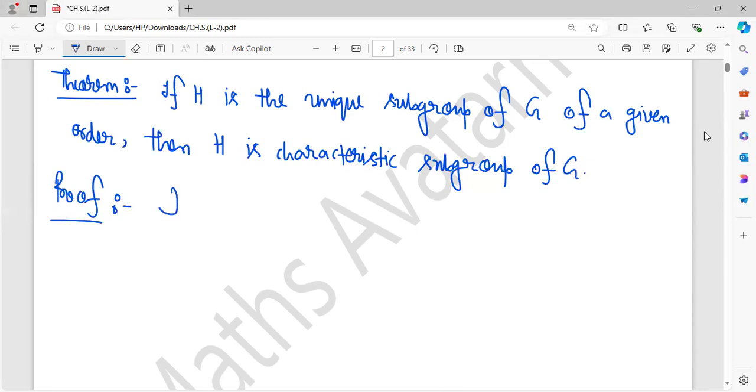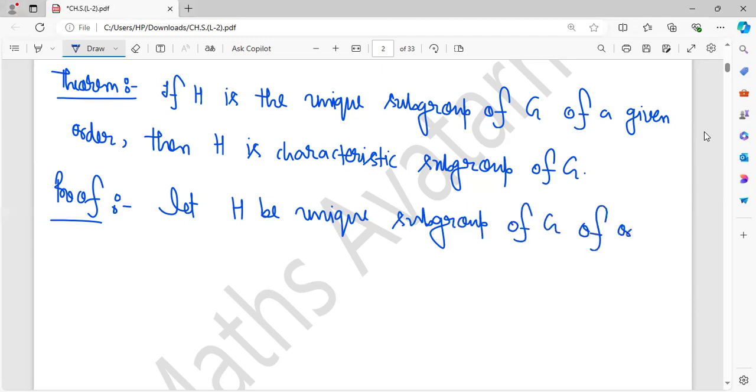Let H be the unique subgroup of G of order n.